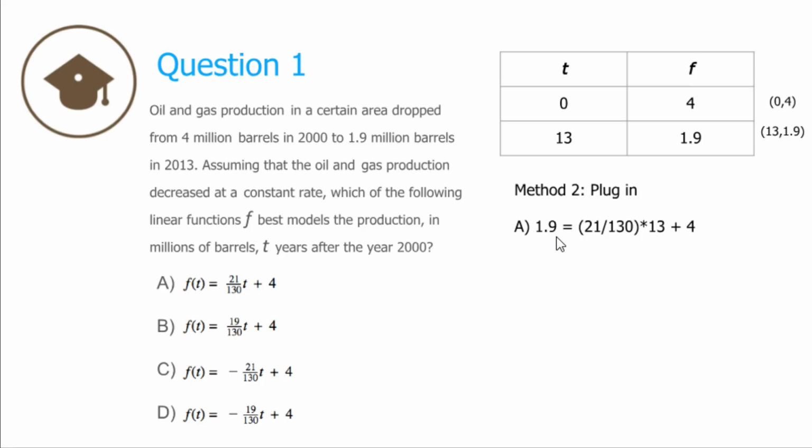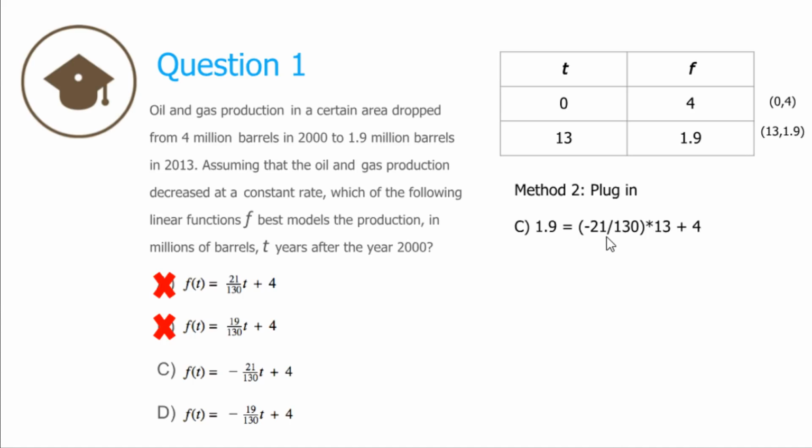Now, again, we could start doing the math here, eliminate our 13s, blah, blah, blah, but what we should notice is there is no way that this is going to give us a correct answer, right? Because we have 1.9 equals something that's going to be positive plus 4. There's no way. This would need to be negative for it to add to 4 and give us 1.9. So automatically we should go, all right, A and for that matter B are going to be wrong because they won't give us a proper answer.